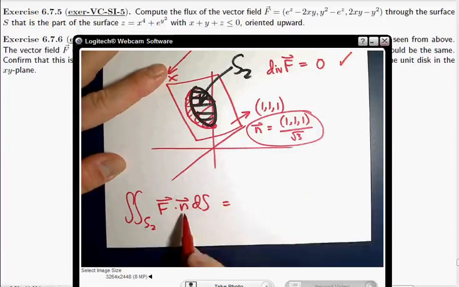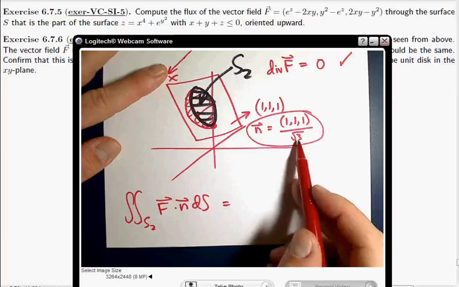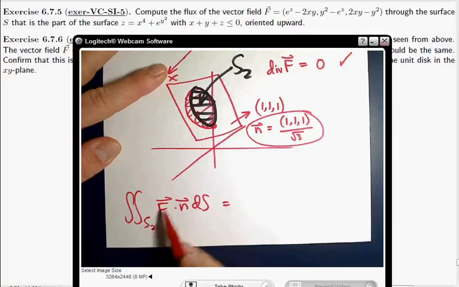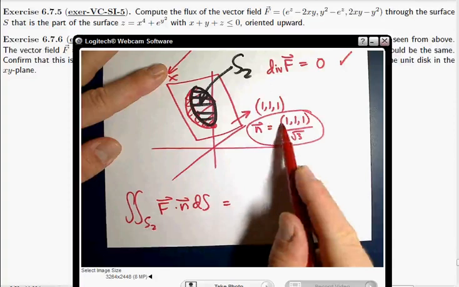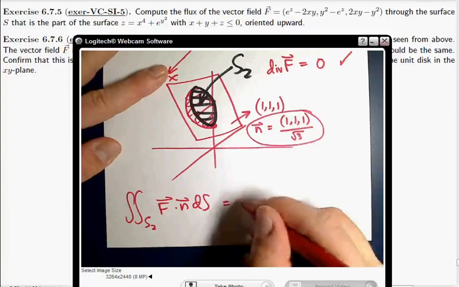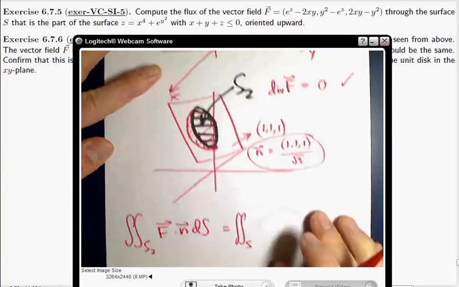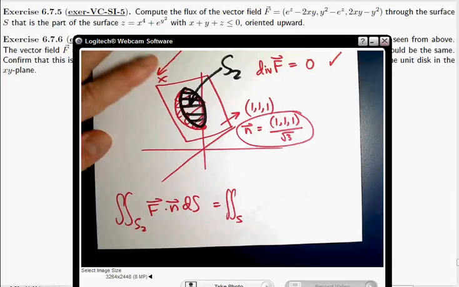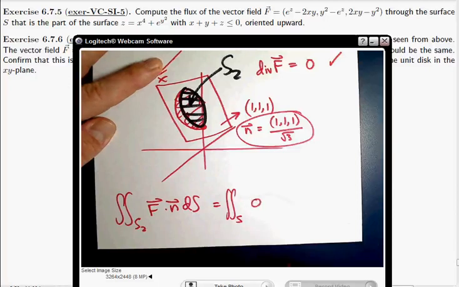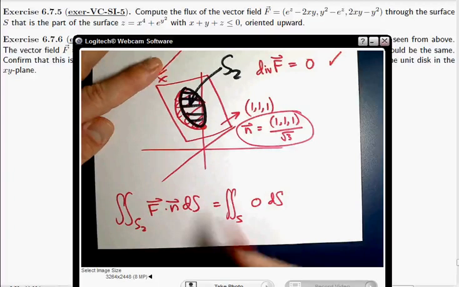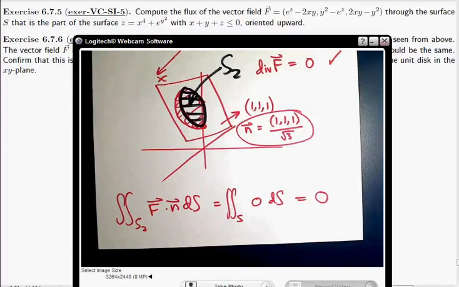We're going to have a square root of 3 in all the terms, but other than that, we're just taking the vector field and multiplying all the components by 1 and adding them up. I've got a plus e to the z and a minus e to the z, a minus 2xy and a plus 2xy, a y squared and a minus y squared. That ends up being 0. Does that make sense? This dot product, and therefore your answer is 0.